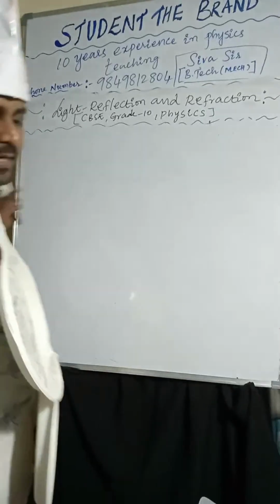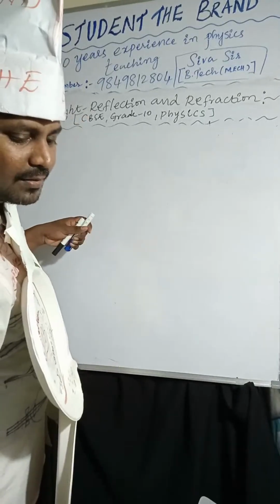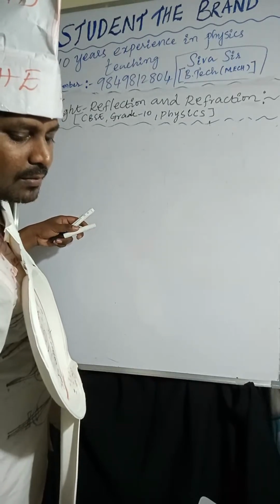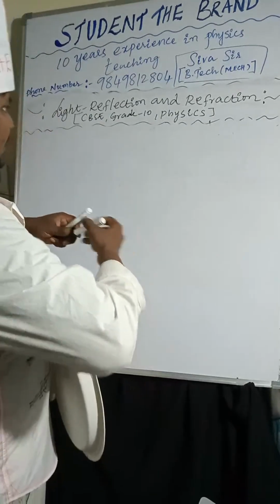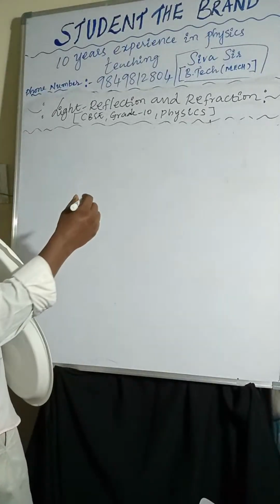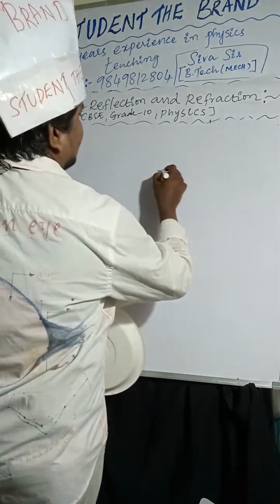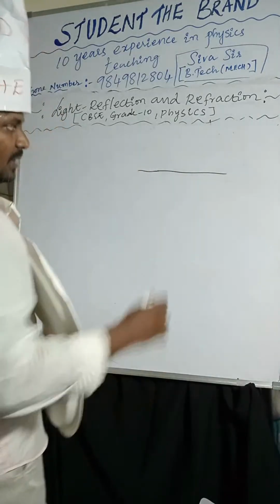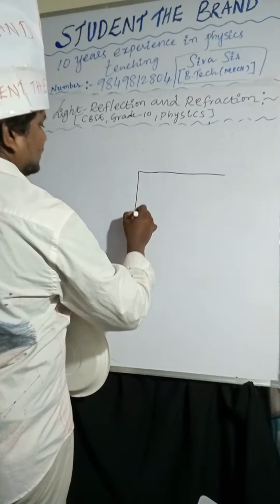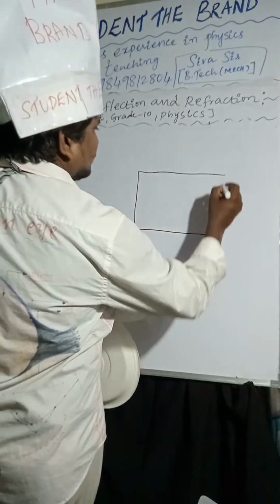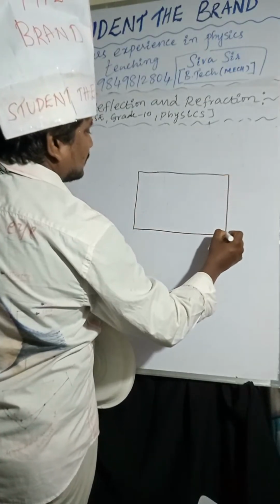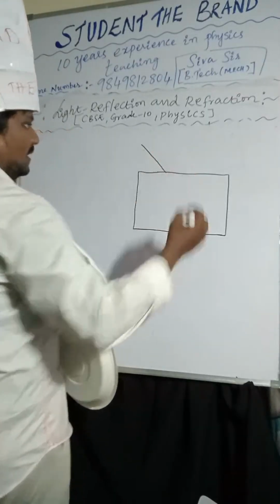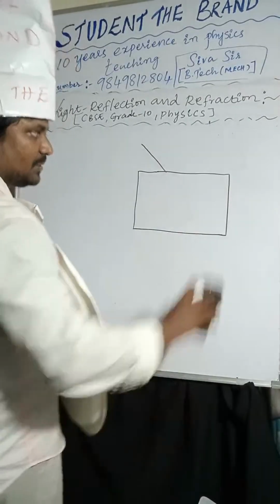So now you are taking a glass slab. So a glass slab I am taking, this is a glass slab. So the incident ray is passing like this. The glass slab surface must be like this.